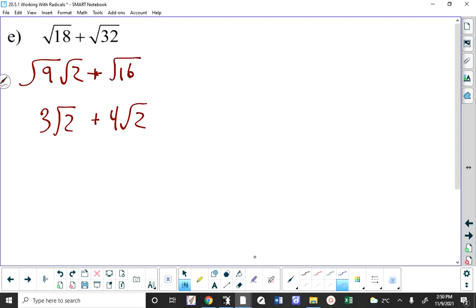I hope you can break it into root 16, root 2. If that's troublesome for you, then you're going to have to write 32 as 2 times 2 times 2, break it down that way and extract pairs of numbers. So root 18 is 3 root 2. Root 32 is 4 root 2 because the square root of 16 is 4. So we get 7 root 2.